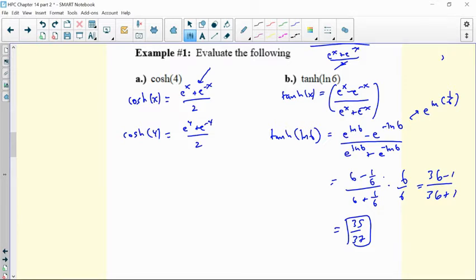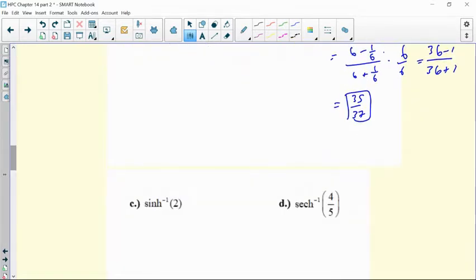Okay, now it says hyperbolic inverse sine of 2. When I solve that, remember what it's saying is, there's some x such that 2 is equal to e to the x minus e to the negative x all over 2. That's what we're trying to find out, right?